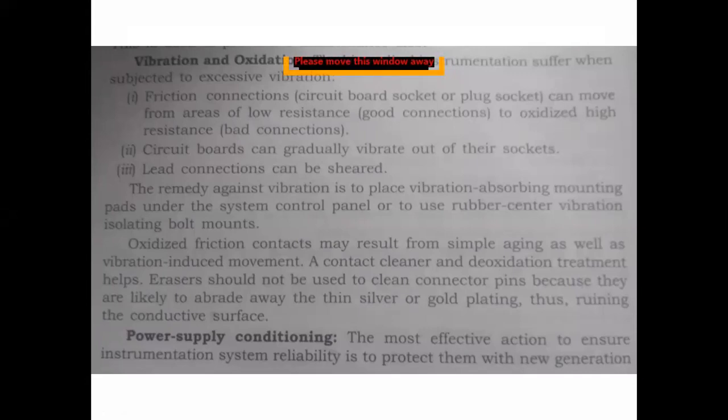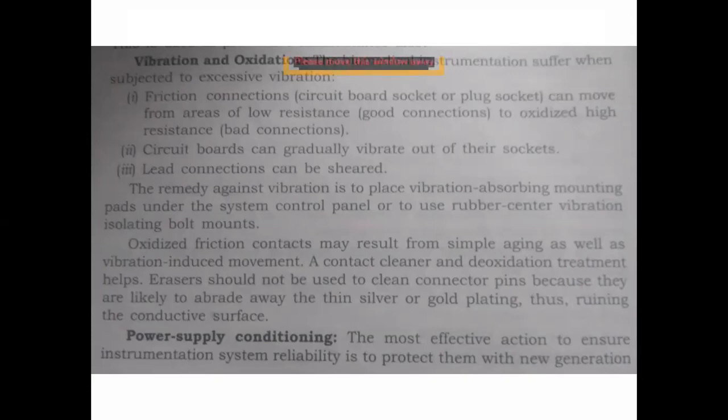So due to this, friction connections, circuit board sockets or plug sockets can move from areas of low resistance, that is good connections, to oxidized high resistance, bad connections. And those particular connecting sockets may be oxidized.